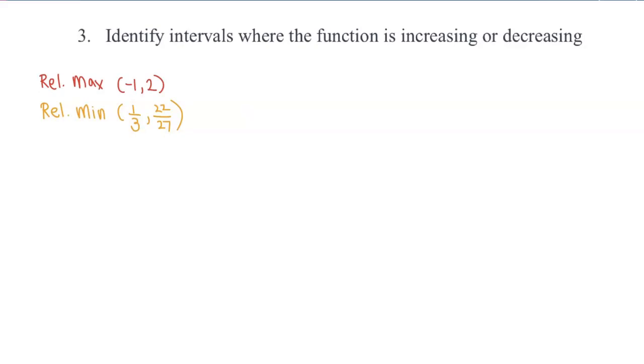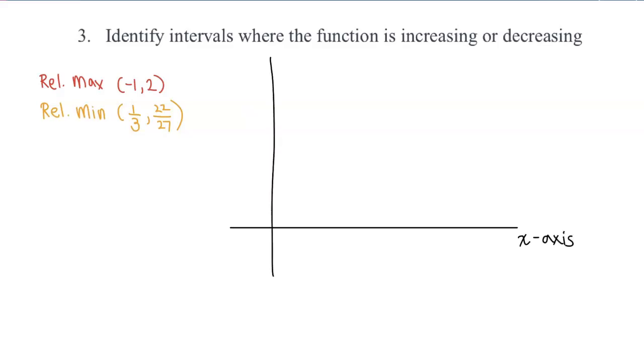Okay, so I'll try to sketch a graph. So here's my x-axis. I think it has to be that long, but all right, here's the x-axis. And here's my y-axis. And because 22/27 is smaller than 1, I'll just make the y-axis label go up to 1 and 2.